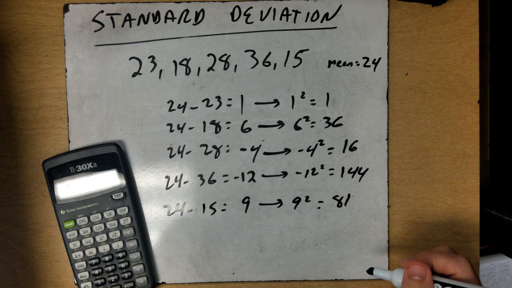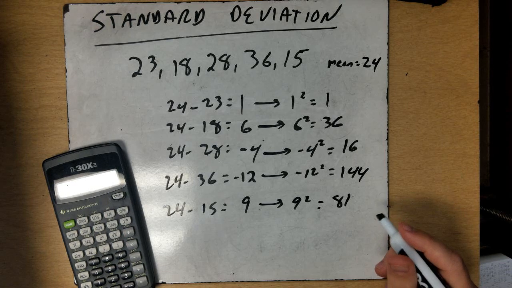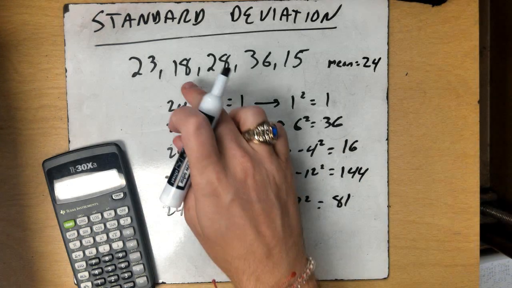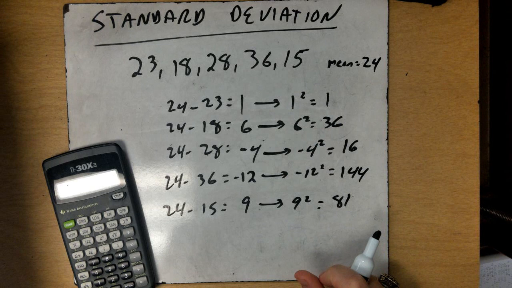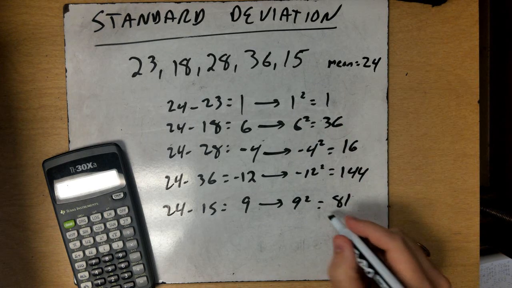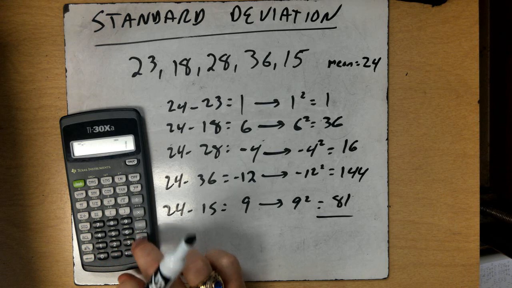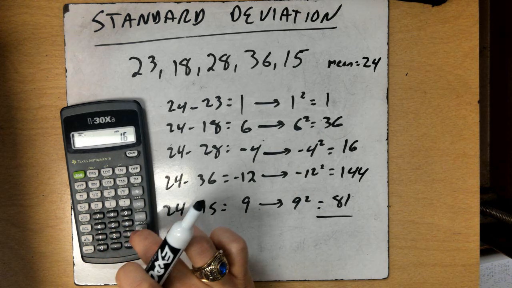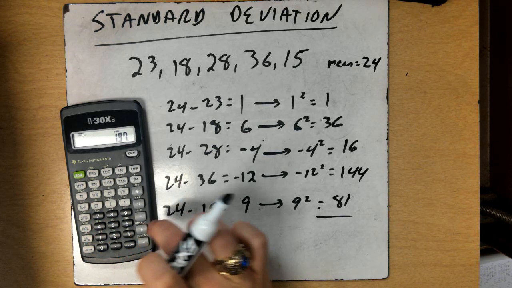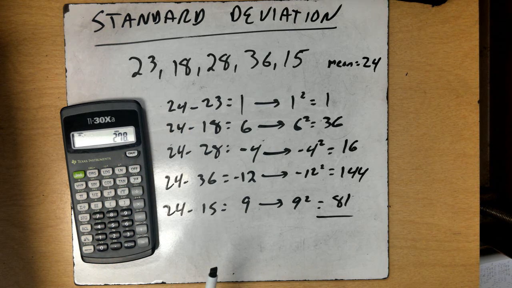Now that we've calculated all those, subtracting each point from the mean and squaring that answer, we add up our values: 1 plus 36 plus 16 plus 144 plus 81 equals 278.